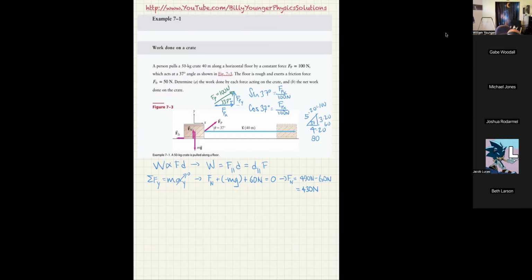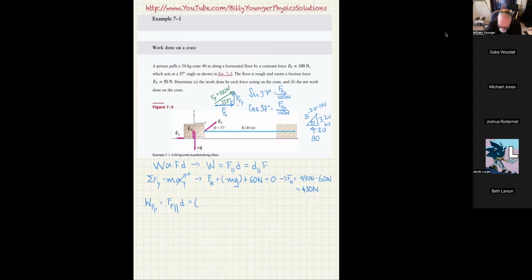So if I say the work done by FP, I would call that W sub FP, and that's going to be the component of FP that happens to be parallel to the motion times the distance. And if you remember, it said the distance we're going to travel is 40 meters. So I'm going to go ahead and write the component of FP that happens to be parallel to that blue vector.